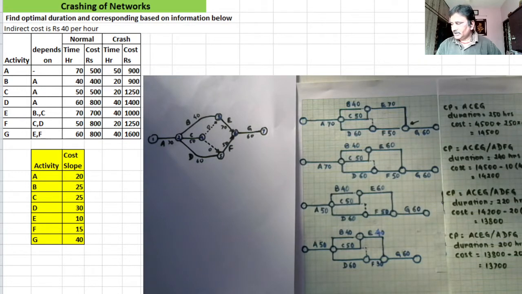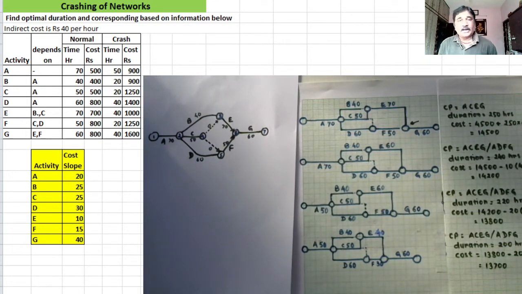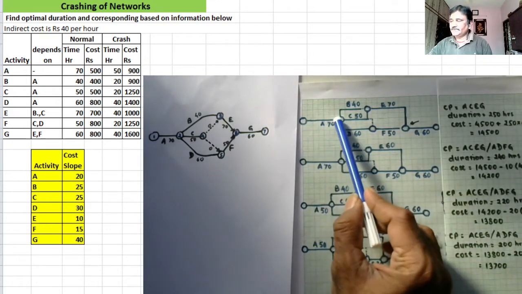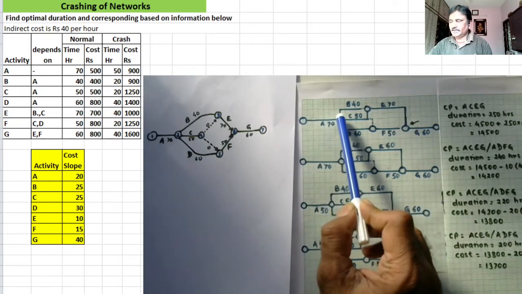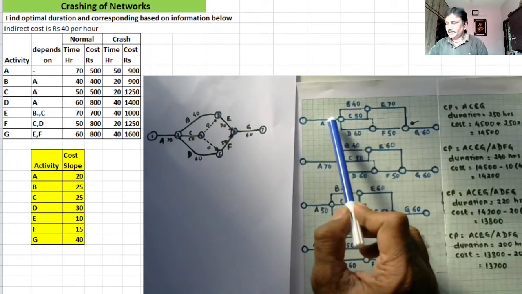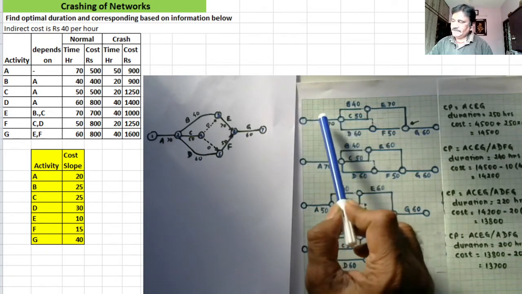By looking at the extent of the graph paper, I conclude that 1 centimeter equal to 20 hours will be proper for drawing the network in time scaled version. So for representing 70 hours, I require 3.5 centimeters. Here I draw activity A with 3.5 centimeter length, which is in fact 70 hours.